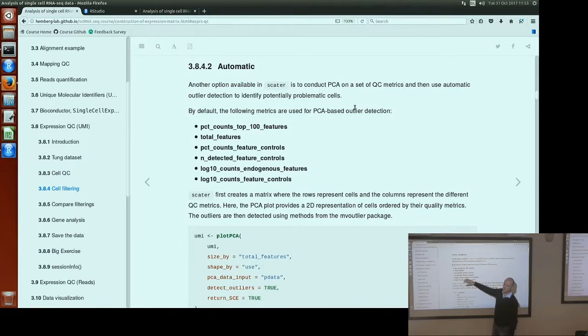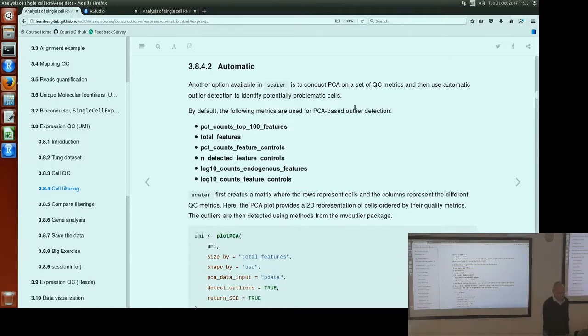All these columns were created by the quality control function, calculateQC. So the Scater authors thought that these features are the most important ones for finding cell outliers. So when doing the PCA dimensionality reduction, it will use these features.